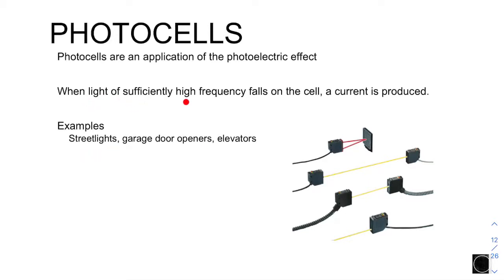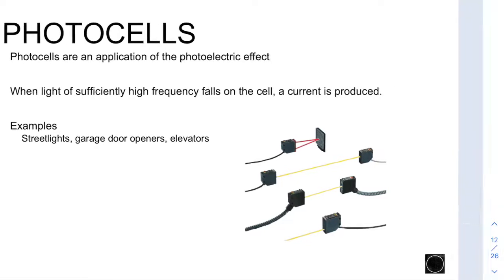When light of sufficiently high frequency falls on the cell, a current is produced. Then the current is used to give information that you need to open the door or shut the door. That is how we apply the photoelectric effect phenomenon, or findings.